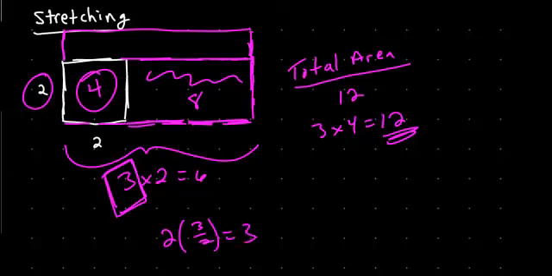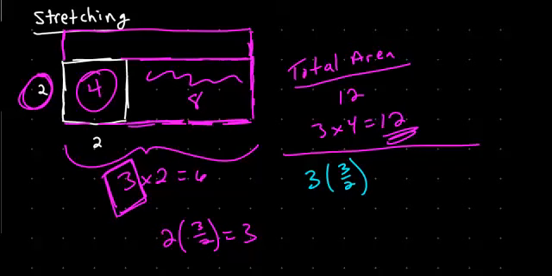So if I stretch the vertical component by a factor of 3/2, let's see what our new area is. I'm going to bet that we stretch by 3 on the bottom and by 3/2 on the top, and our original area was 4. So 3 times 3 is 9, times 4 is 36, divided by 2 is 18.